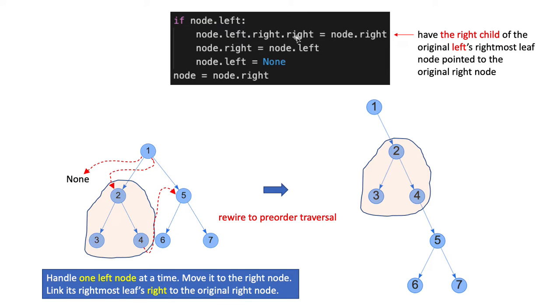The only difference in the code is this dot right, and the idea is to have the right child of the original left's rightmost leaf point to the original right node. So we handle one left node at a time, move it to the right node, and link its rightmost leaf right to the original right node.